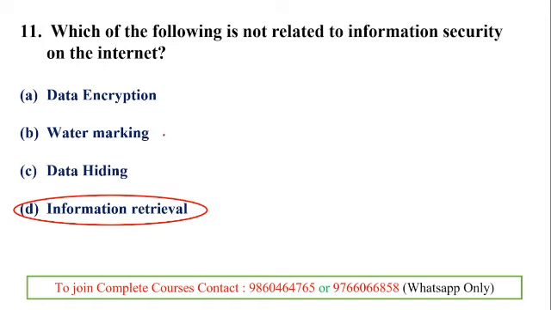Watermarking is also another method, where we cannot identify the code in that word, and data hiding is also related to information security. But information retrieval means you can retrieve or restore the information, so it's not related to information security on the internet.